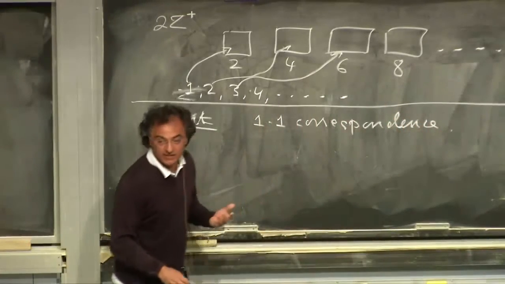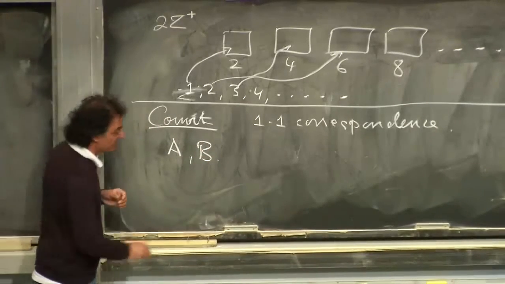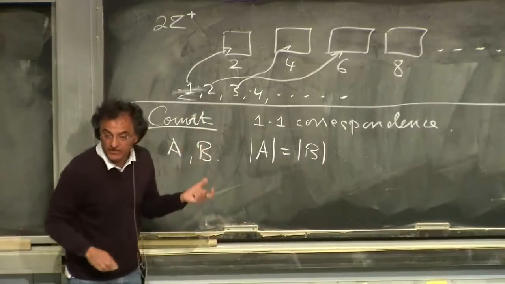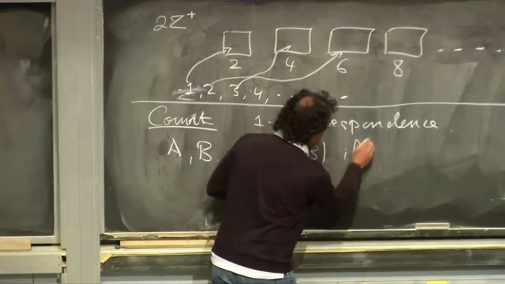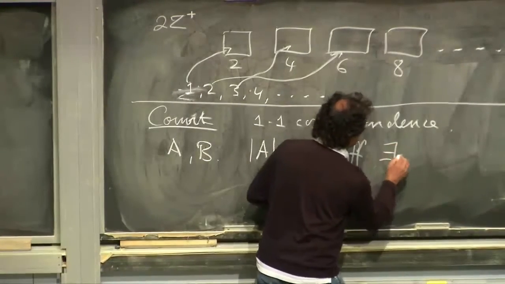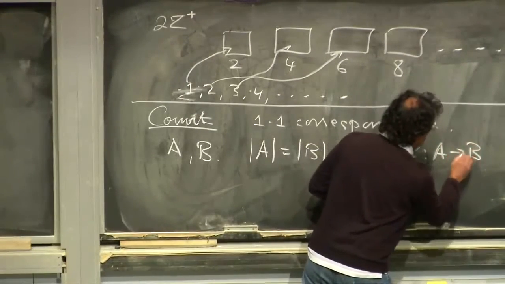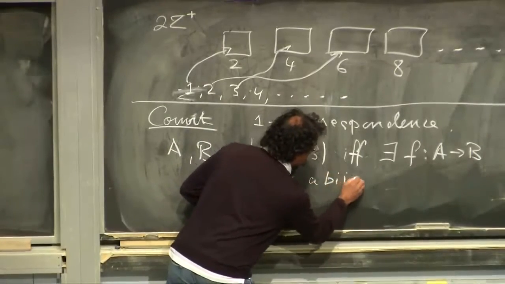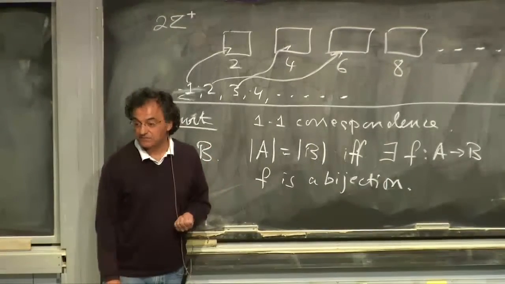Okay, so we say that two sets A and B have the same cardinality, the cardinality of A equal to the cardinality of B, so the number of elements in A equal to the number of elements in B, if and only if there's a bijection which maps A to B, right?